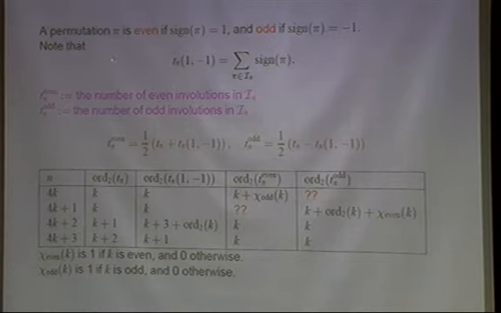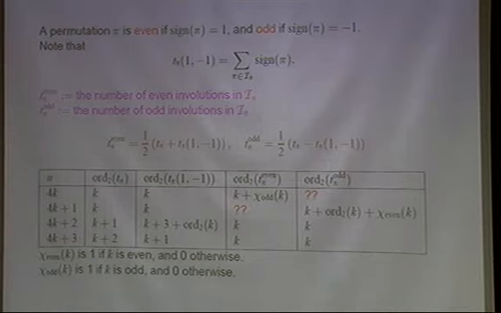And as I mentioned, this is the signed sum of involutions, because in the involution, every 2-cycle contributes -1 to the sign of the permutation, and a fixed point contributes 1.